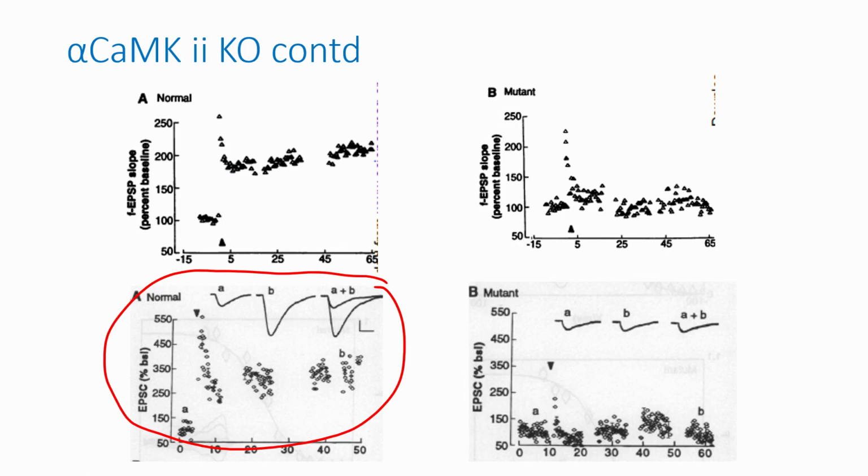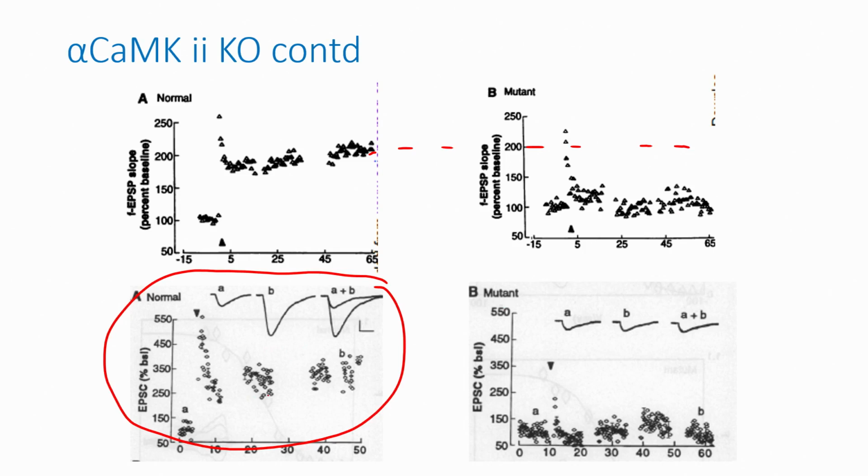However, in the mutant, even though the conduction is normal, they are not able to maintain that higher level. It should have been there, but it is actually reduced, pretty highly down. And you can again measure the NMDA versus the non-NMDA currents, and you can do it in the amplitudes.